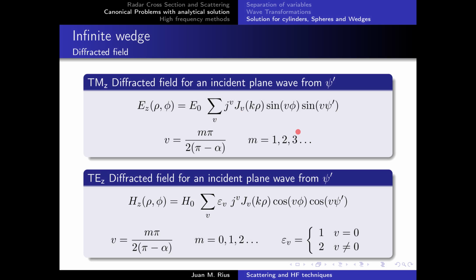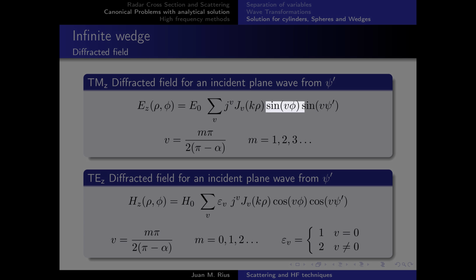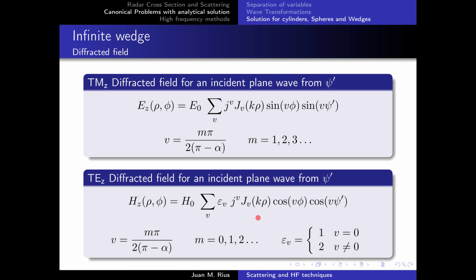It is a Fourier series in phi. In the TM case, it is a sinus Fourier series, and in the TE case, it is a cosinus Fourier series in phi. Phi prime is the incidence direction, it is a parameter. Rho is the observation distance, it is also a parameter of the Fourier series.